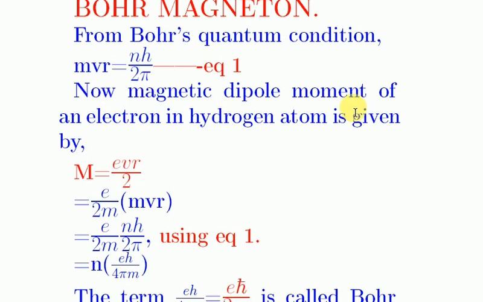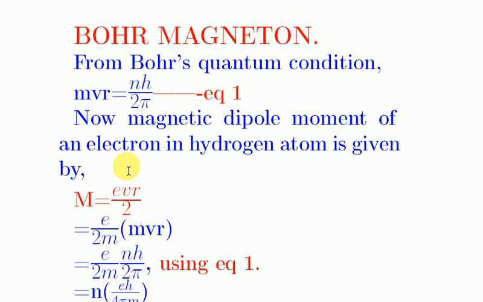Now, the magnetic dipole moment of an electron in hydrogen atom is given by M equal to evr by 2, where e is the charge of an electron, v is the velocity of that electron which is moving around the nucleus, and the radius of the path of the electron is r.